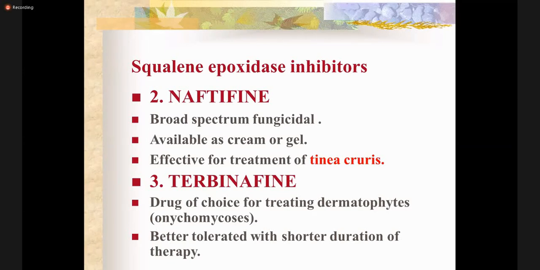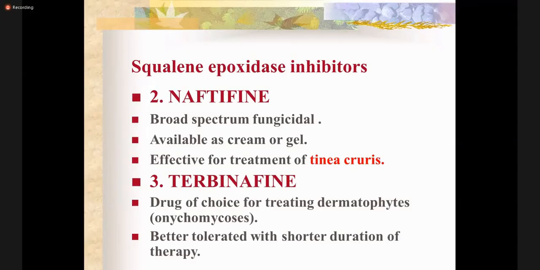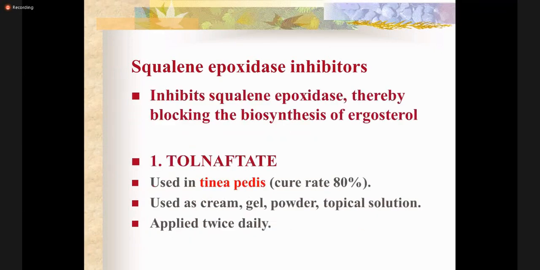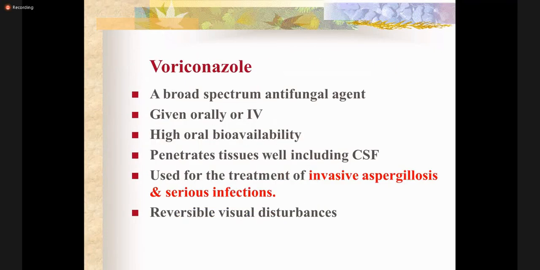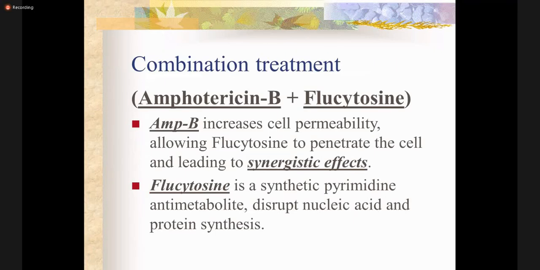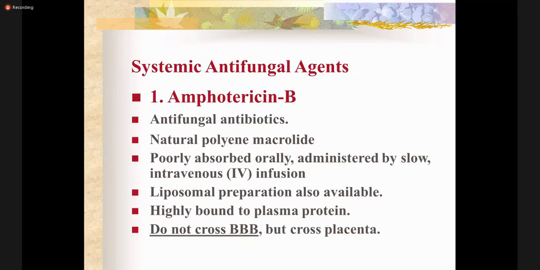I think that is the last slide. So you remember the different names, their systemic or topical use, and the different conditions in which we use them. Let me repeat for a moment the names of all the drugs.